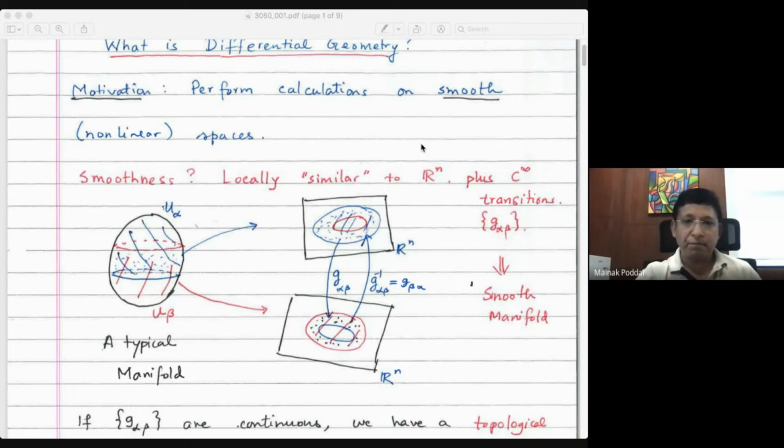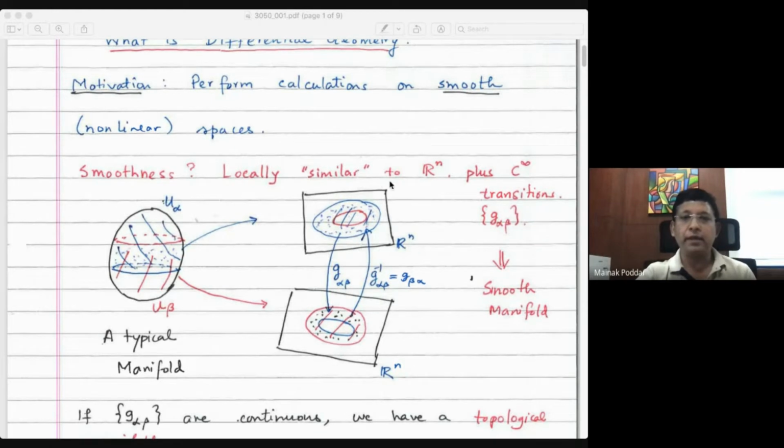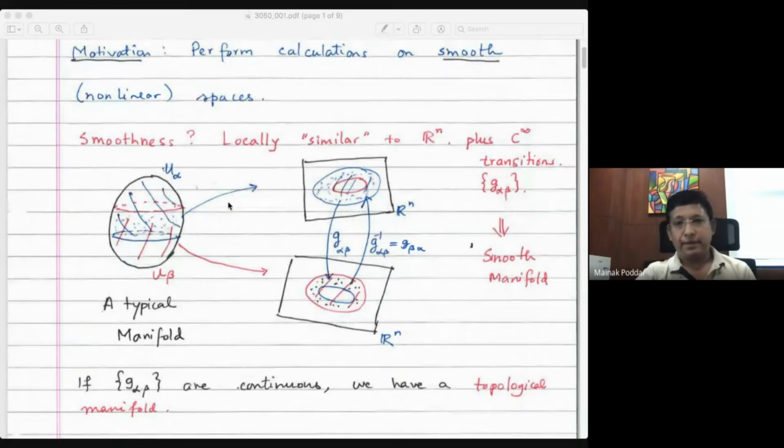Now, our spaces, these manifolds, are locally similar to Rn, or like a part of Rn, sort of like an open set in Rn. And here is an example. So, what do I mean by similar? There would be so-called charts, and this will identify an open subset of our manifold with an open subset of Rn.